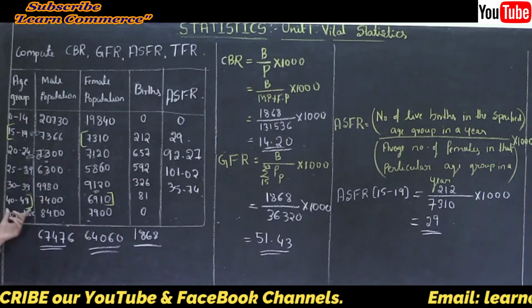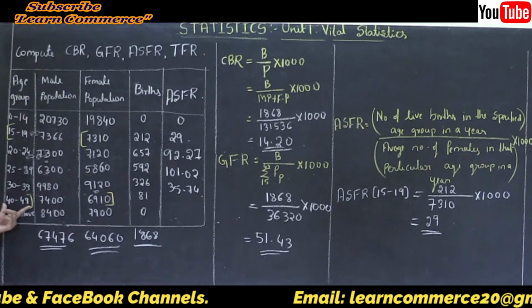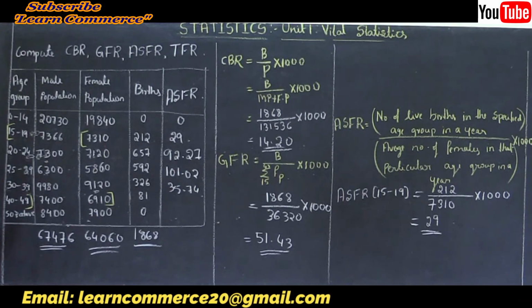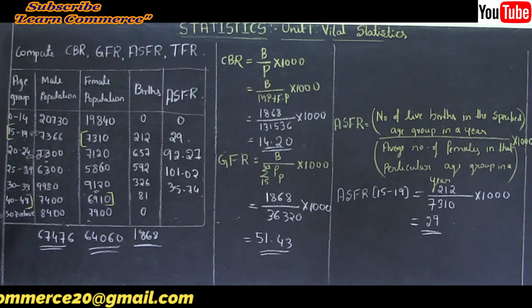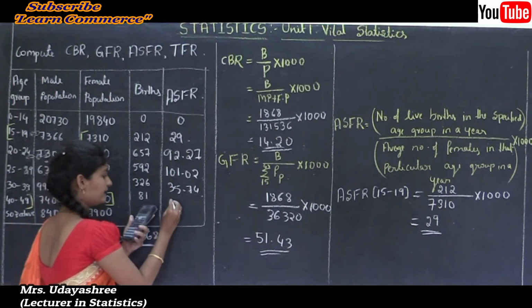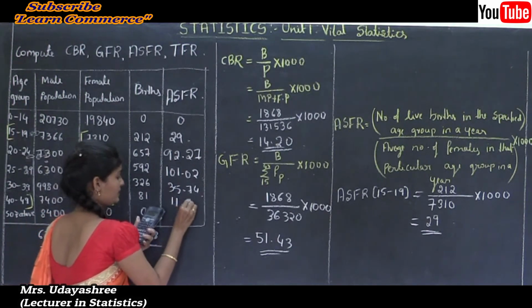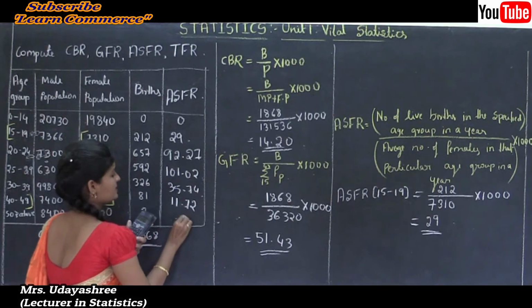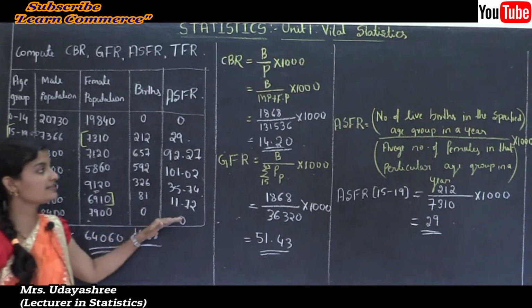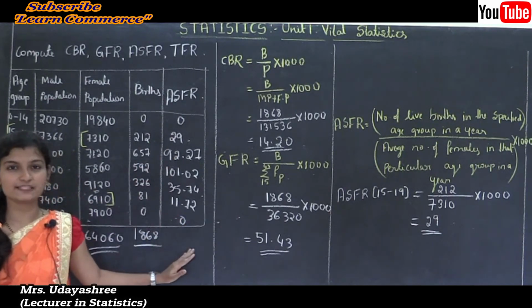Next specified age group 40 to 49. Here the number of live births is 81 and the female population is 6,910, into 1000. So this age specific fertility rate is 11.72. The next value is 0. These are the values of age specific fertility rate.